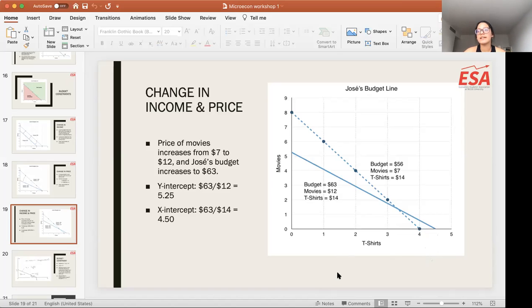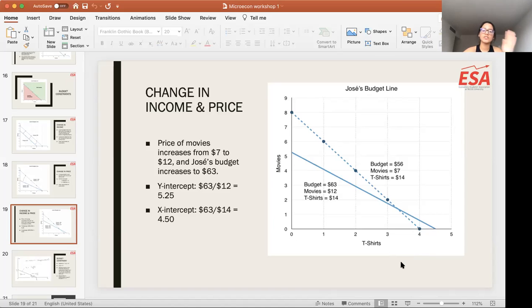They might also ask you to analyze, so what does this mean for the consumer? In this case, it means that because the price of movies has gone up, Jose can't afford as many movies as he could, but because the overall budget has gone up from $56 to $63, he can afford more goods in some sense.